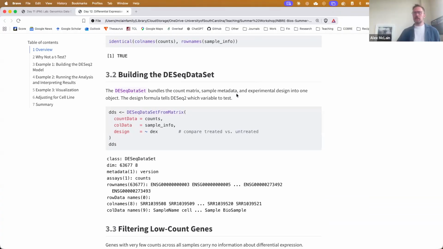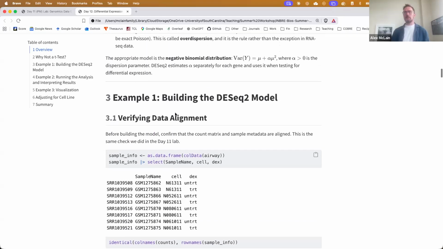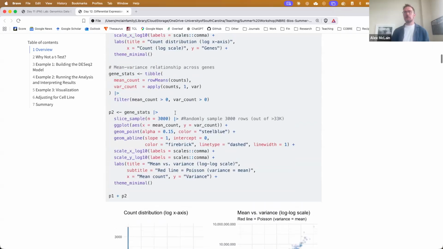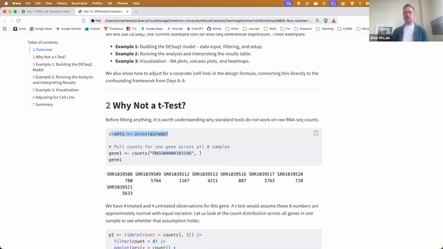The next step is building the DESeq data set. To build this, we create this object DDS. That's our DESeq data set. Using the DESeqDataSetFromMatrix function, we give it the counts, and the counts we created way up above here, just using the assay function.